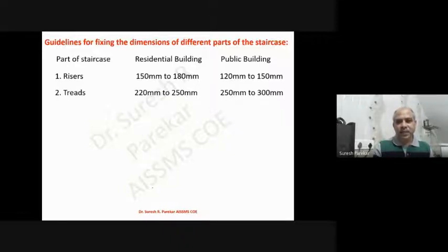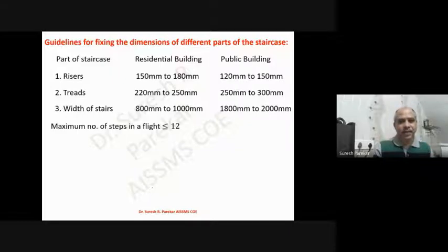Treads for residential building 220 millimeter to 250 millimeters, and for public building 250 millimeter to 300 millimeter. Width of stairs for residential building 800 millimeter to 1000 millimeter. For public building 1800 millimeter to 2000 millimeters.